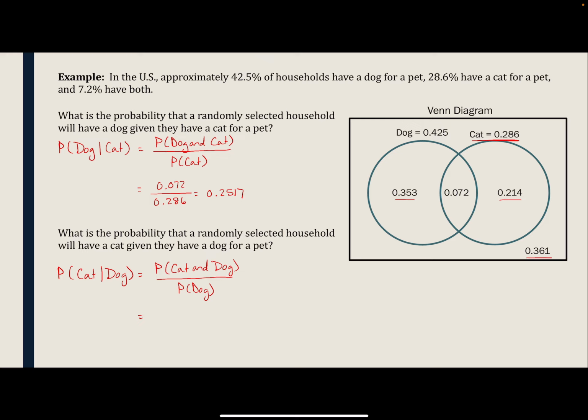So the numerator is the same because the probability of having a cat and a dog is the same as the probability of having a dog and a cat, right? It doesn't matter which one I say first, it's an and. So the numerator is the same, it's the denominator that changes because now it's given that the household has a dog, which means I'm looking at the total for dogs, which is 0.425. And this will give a probability of 0.1694.